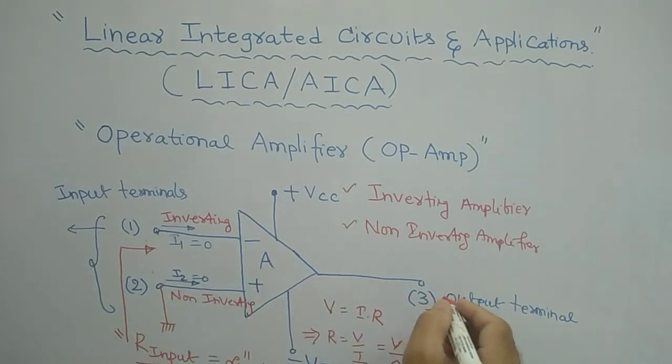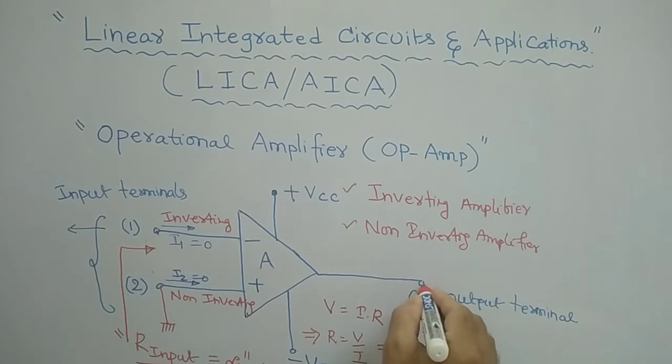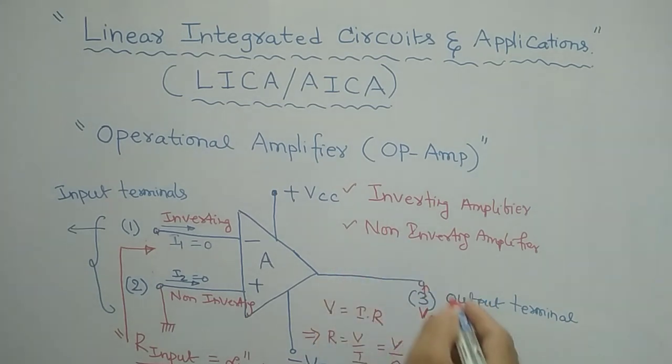Now the output impedance is measured at terminal 2. Let us say this is V0 with respect to some ground. At this output stage, I can measure my output impedance R naught, and the R naught is very low.